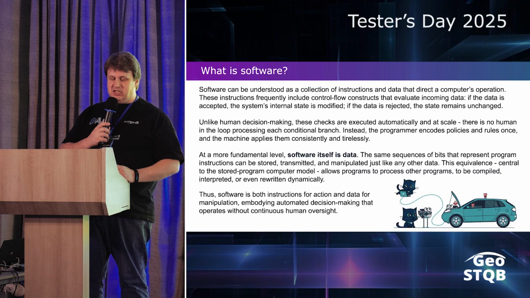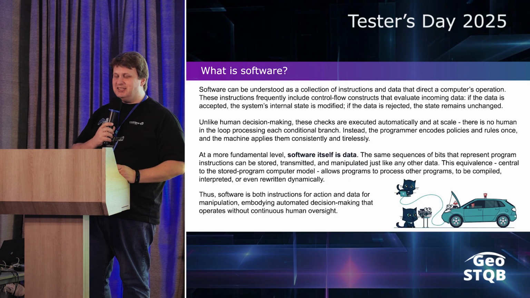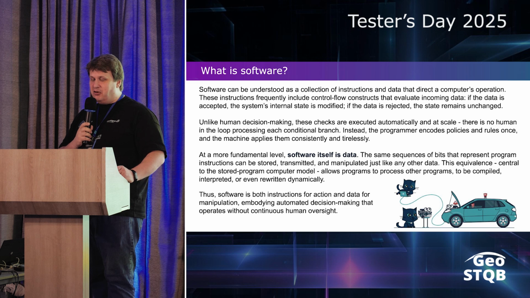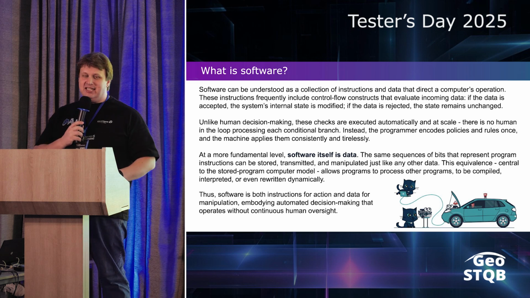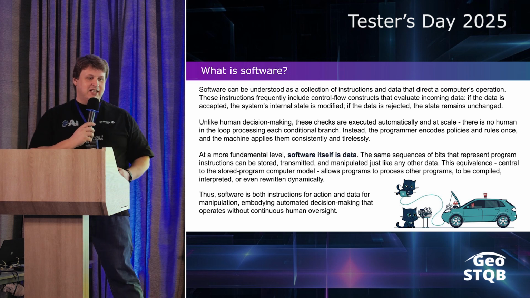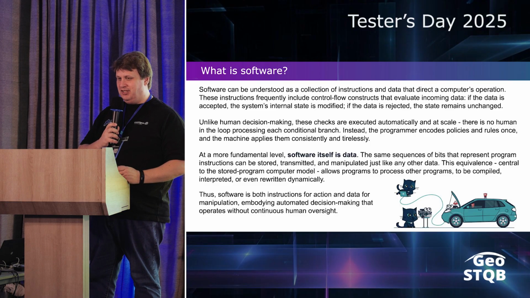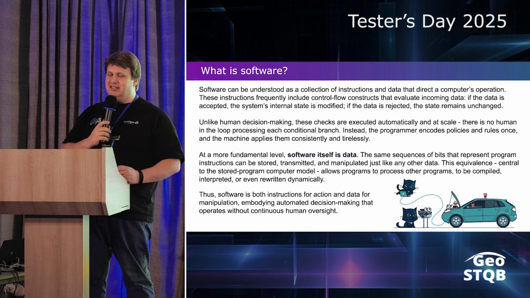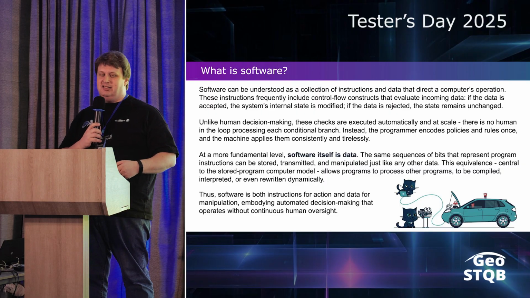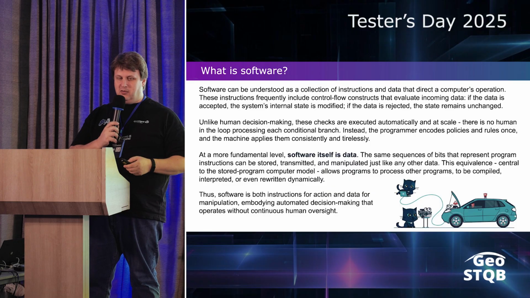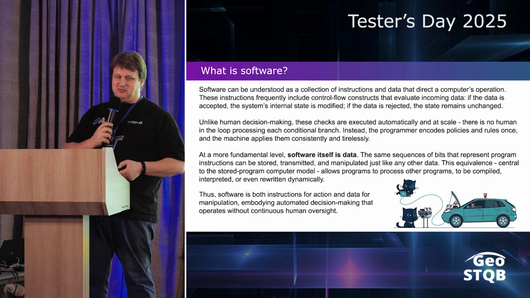Now back to definitions. What is software? Software, on one hand, is a set of instructions, and on the other hand, it is also a set of data. Instructions are, in essence, stored in the form of data.